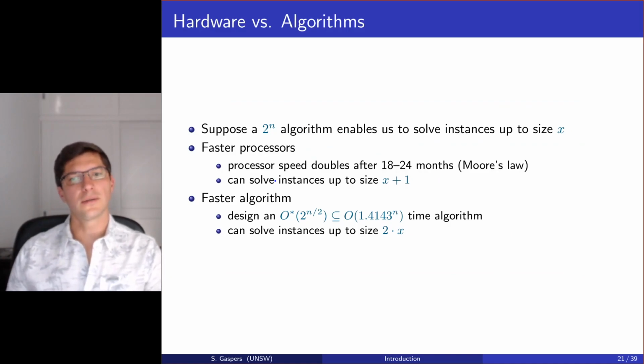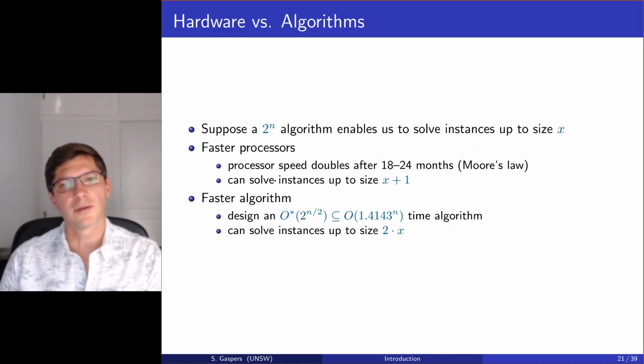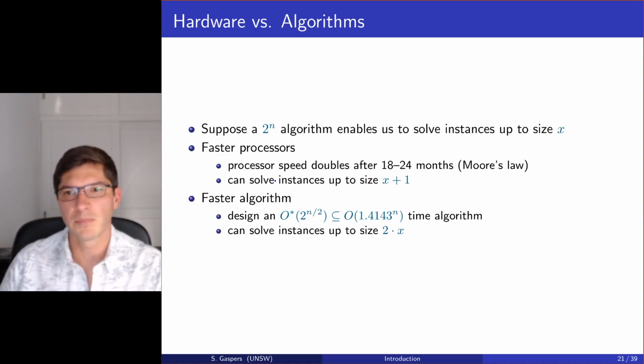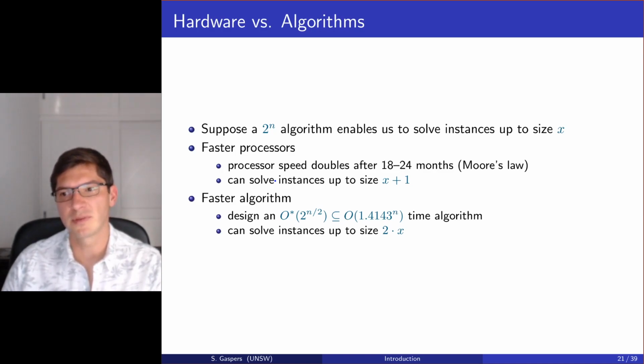Okay, so why is it that waiting longer or having access to more computational power doesn't make such a big difference as designing faster algorithms? Well, suppose a 2 to the power n algorithm enables us to solve instances up to size x.